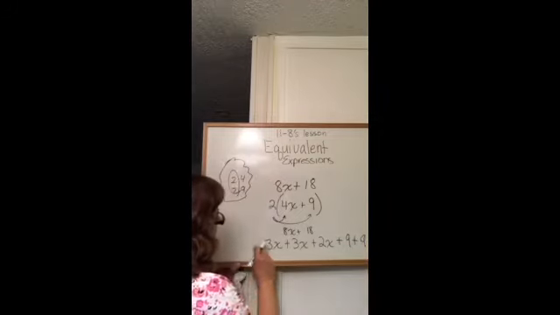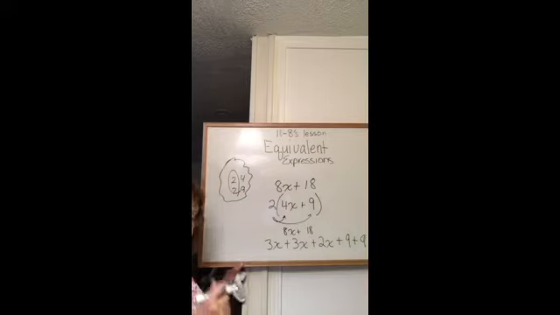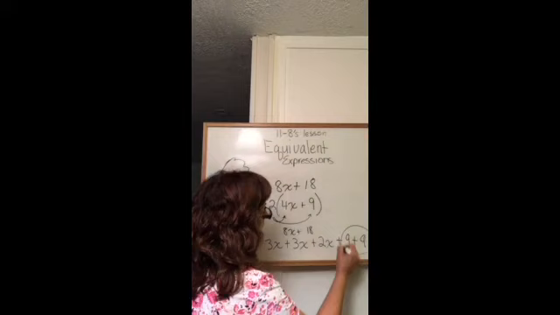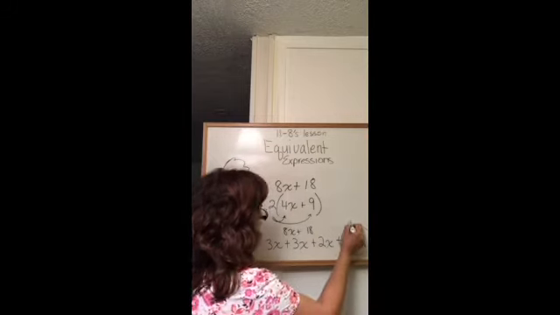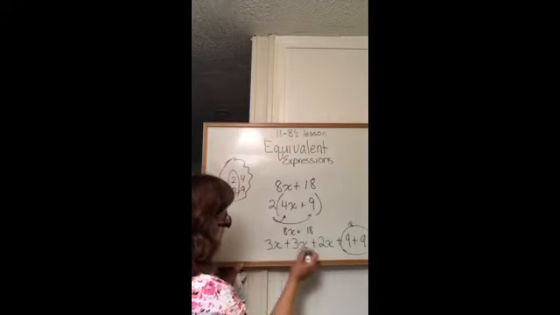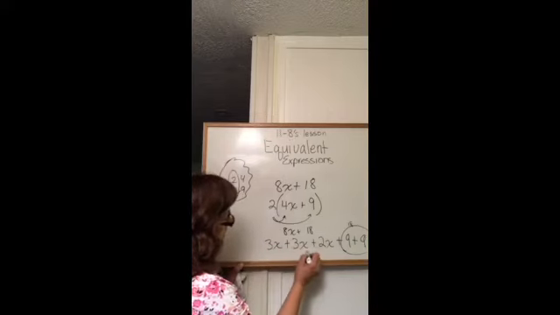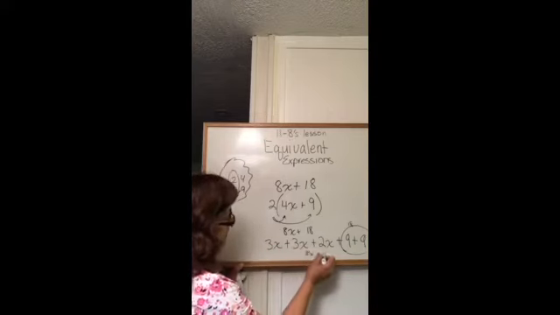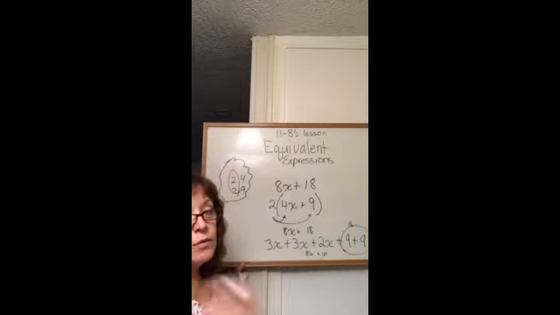Is that expression the same as that one? I'm going to let you think for just a second. 3x plus 3x plus 2x plus 9 plus 9. I hope you say yes, and I hope you see that 9 plus 9 is 18. And 3x and 3x and 2x is 8x. There's 3, 6, 7, 8. 8x plus 18. Same thing. They just broke it down even further.